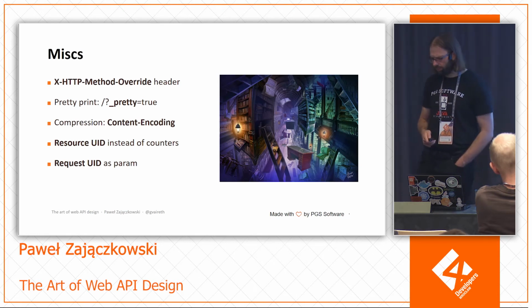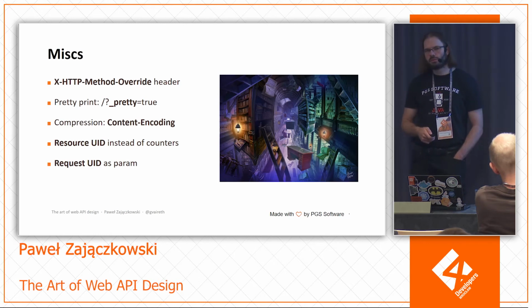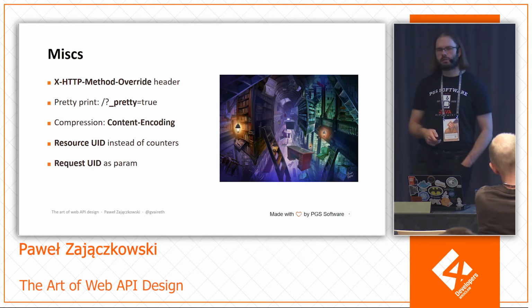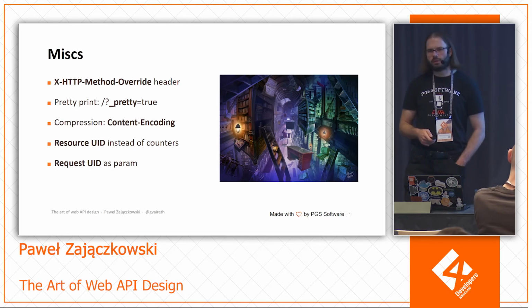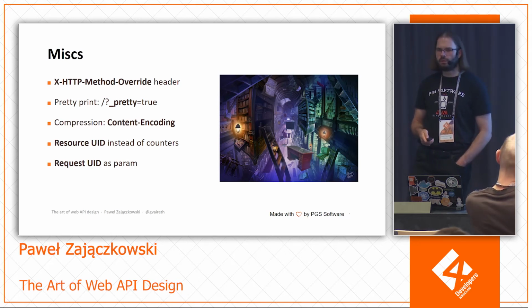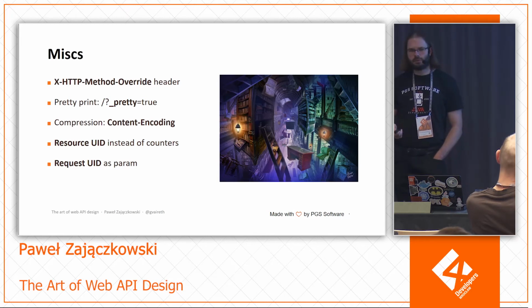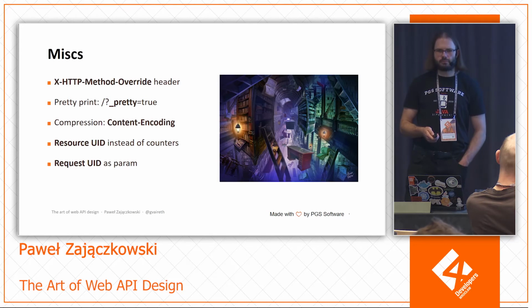Resource UID. So when we are creating new resources, maybe instead of naming them like 1, 2, 3, etc., we can think of some unique random IDs that are like 64 or 128 bits long, so that it's more difficult to guess just the resource and get basically all your data.